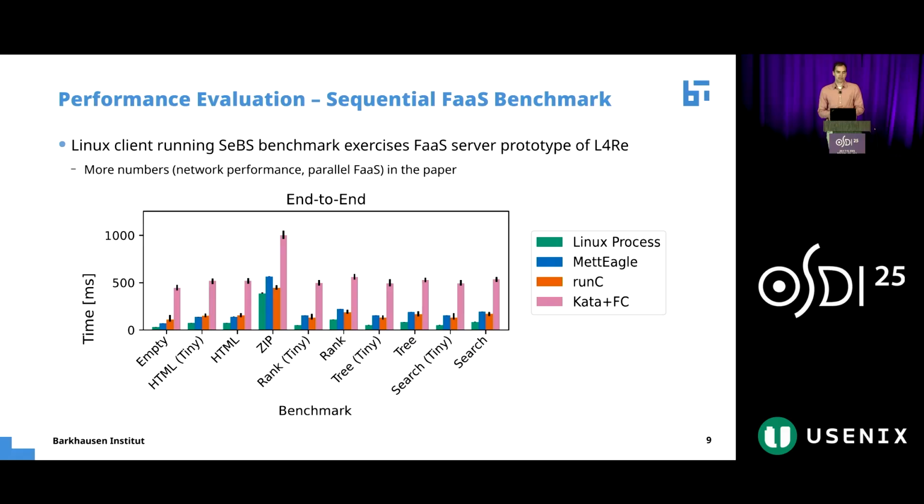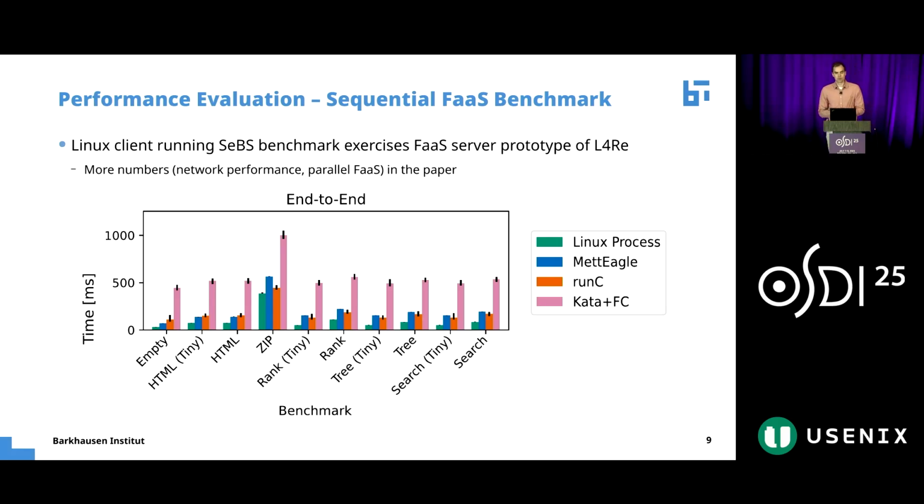And when looking at the HTML generation benchmark, you can find that our approach even slightly outperforms Linux containers with respect to end-to-end latency. For the graph processing benchmarks, the performance tax of L4E is between 5 and 15% compared to Linux containers.